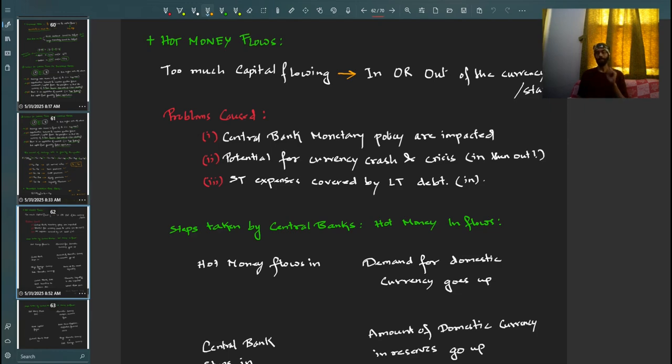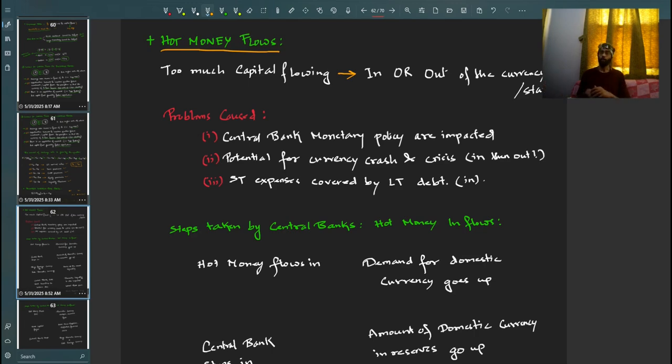Now here we'll discuss this phenomenon. It is called hot money flows. Hot money flows can be hot money inflows or hot money outflows both, right? And as we have said, hot money inflows generally lead to hot money outflows. And this can be balanced through central bank intervention. First thing is you try to prevent it in the first place through your policies and your mechanisms.